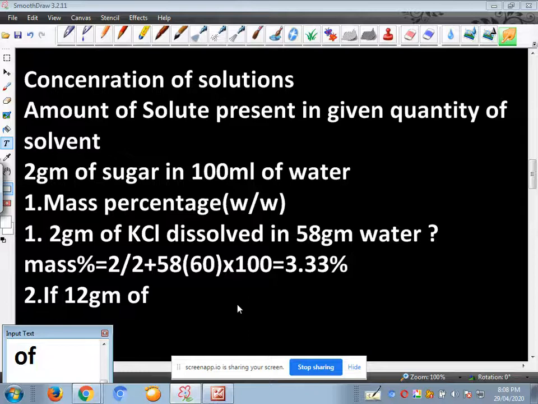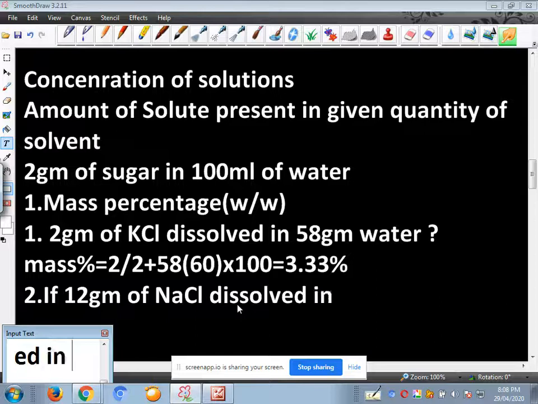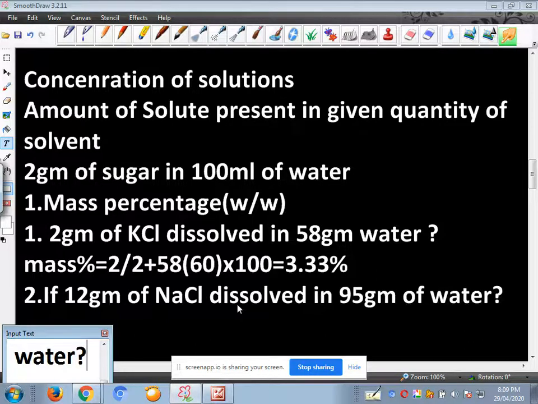If 12 grams of NaCl is dissolved in 95 grams of water, what is its mass percentage? You can take this one as homework.